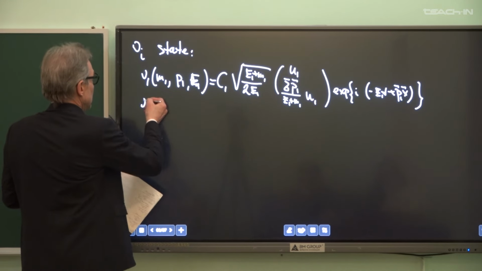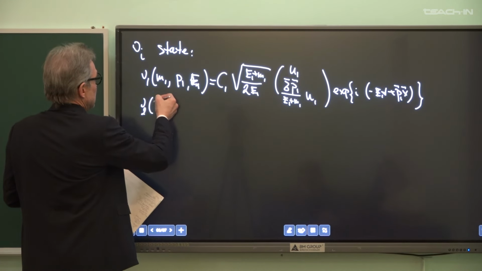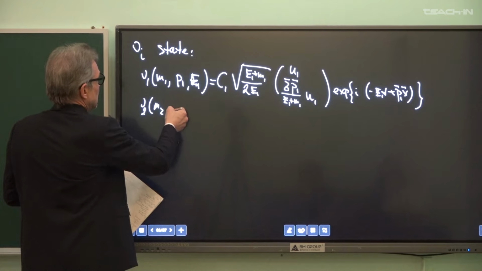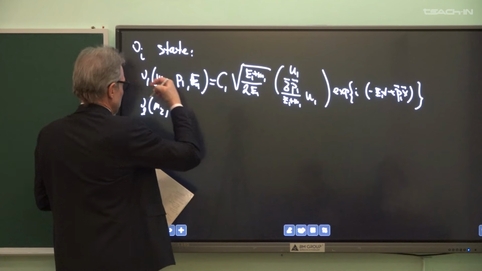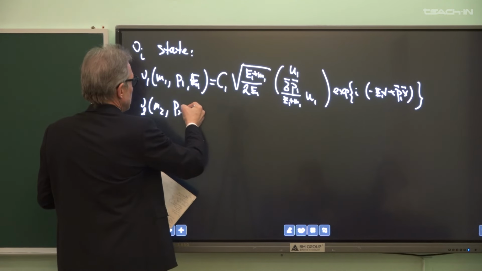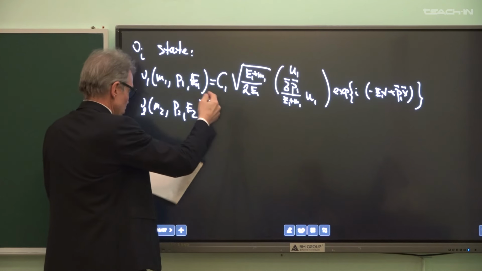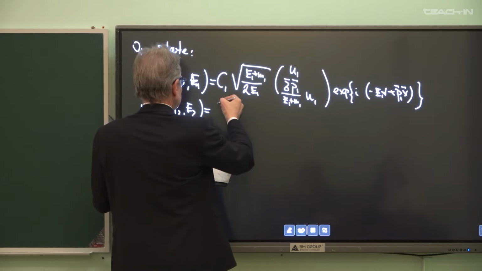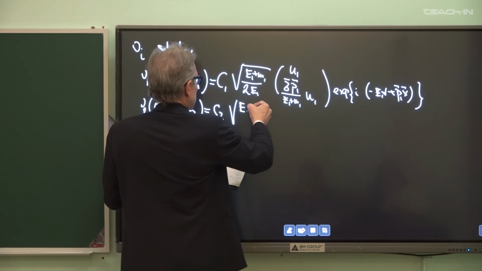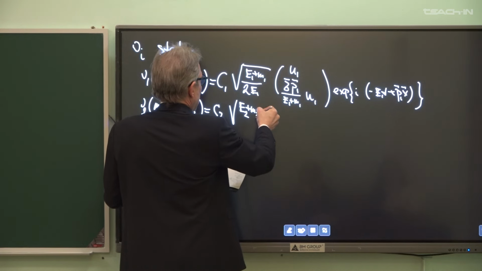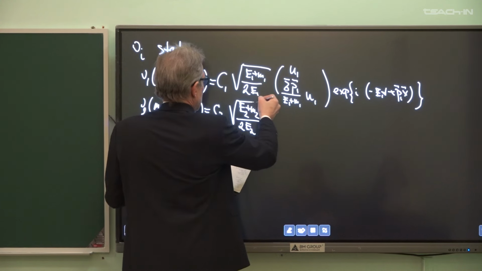So then for the second mass state, we have the same, only we change the indices from 1 to 2. This is the momentum, this is the energy, this is some constant that is really not important for us in our calculations. Energy plus mass divided by 2 energies.